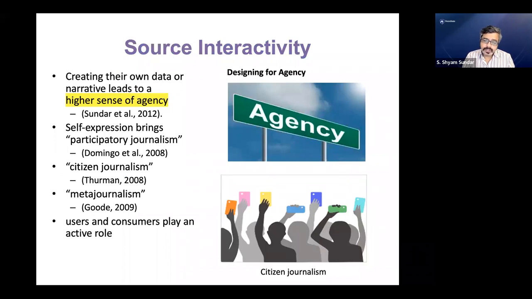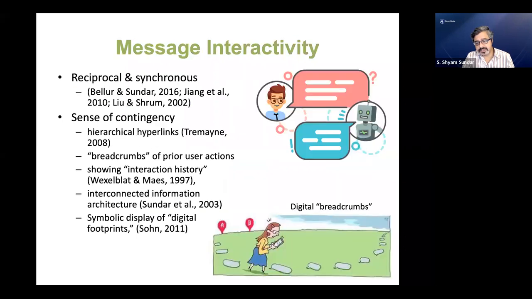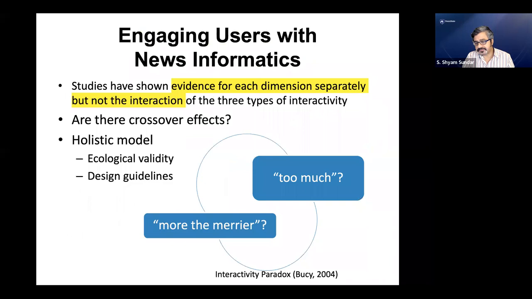Source interactivity refers to tools that allow users to serve as sources of content by customizing, curating, and creating content. It provides more agency to users and allows them to express themselves. Message interactivity refers to the reciprocal and contingent exchanges between the user and the system.